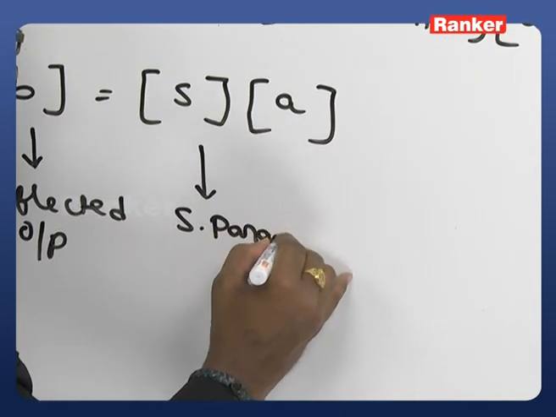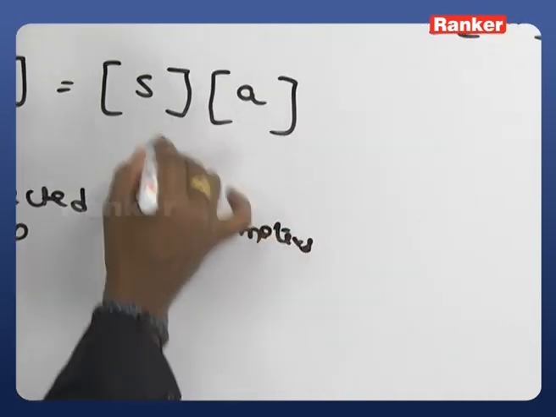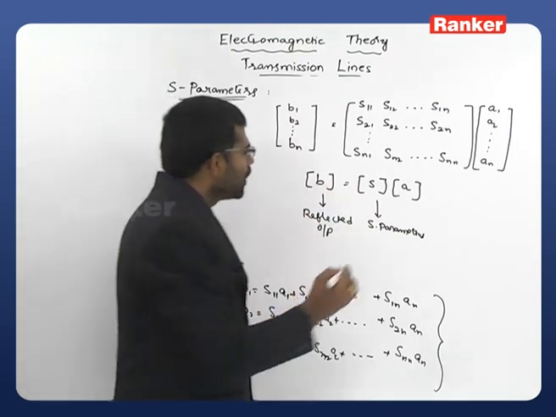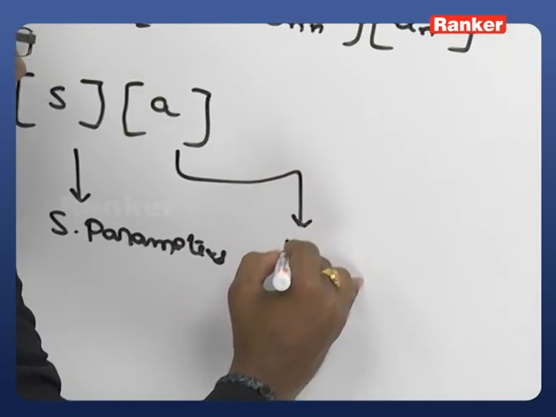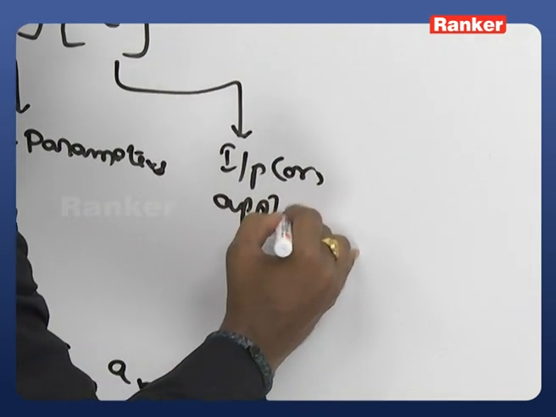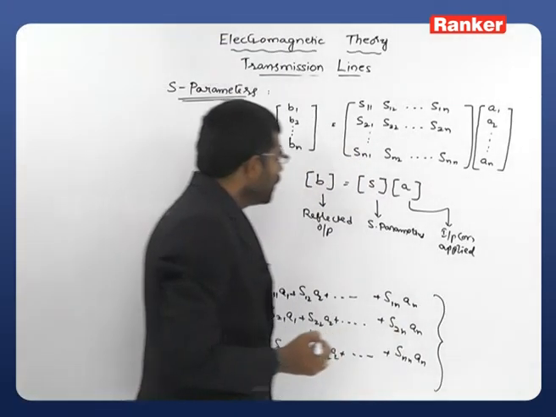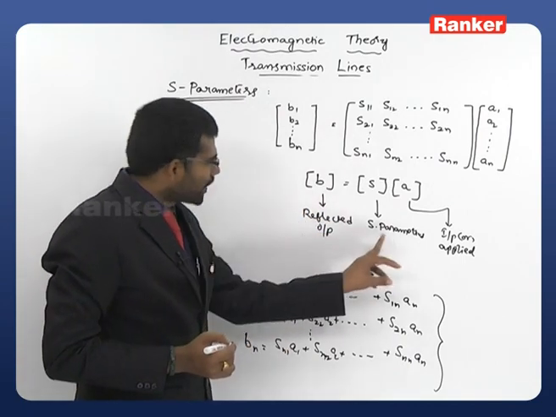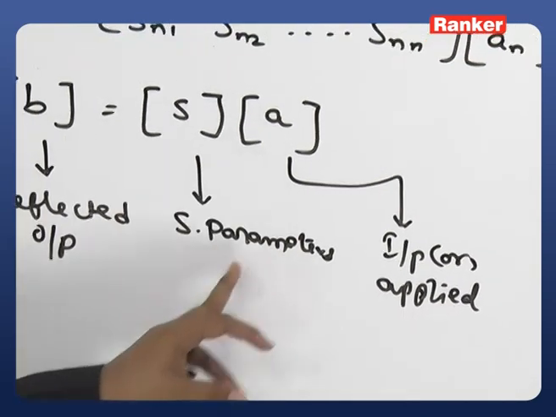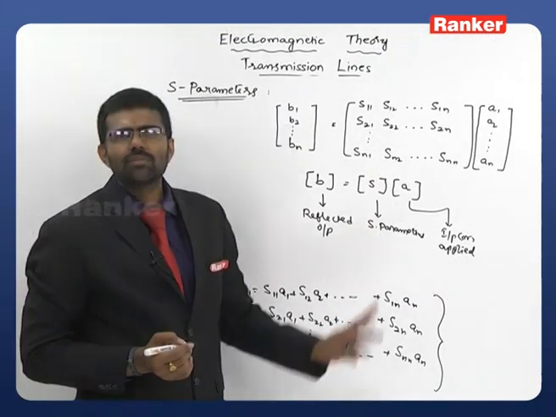What are S parameters? Scattering parameters. Using this, you can clearly observe how much power will be scattered. A is nothing but simply the input or applied waves. So the output equals the scattering matrix, this matrix is said to be the scattering matrix, into the input. This is a very simple relation.